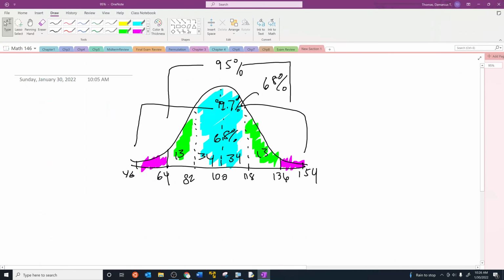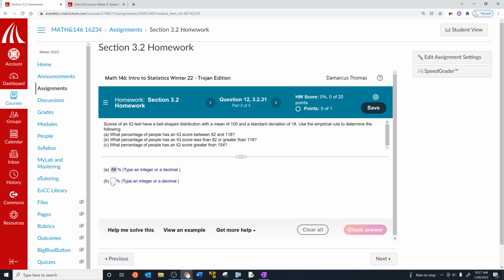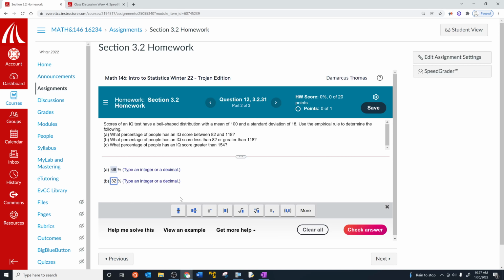Since 68% is between, the whole thing is 100%. So what we would have to do is subtract 68 from that 100, and we'll get 32% remaining. So you can just say 32% will be the other portions.